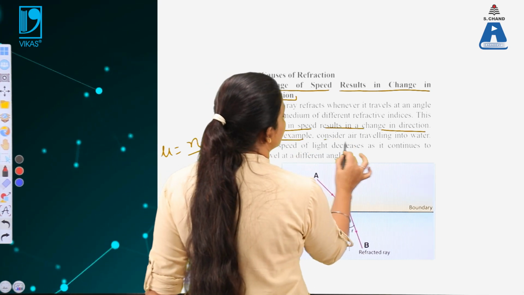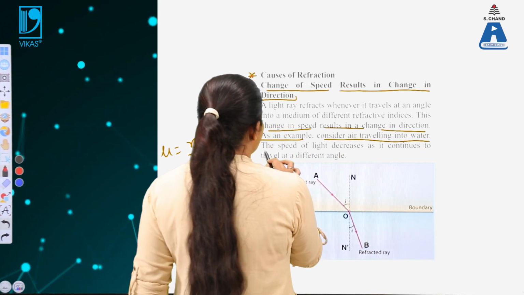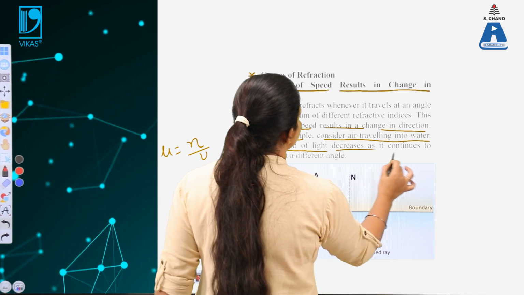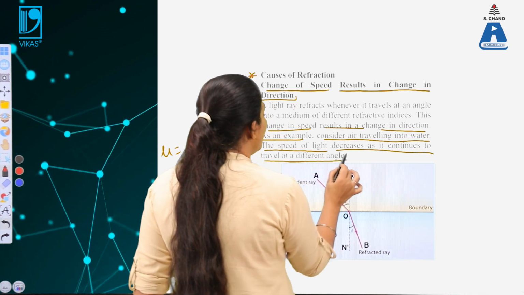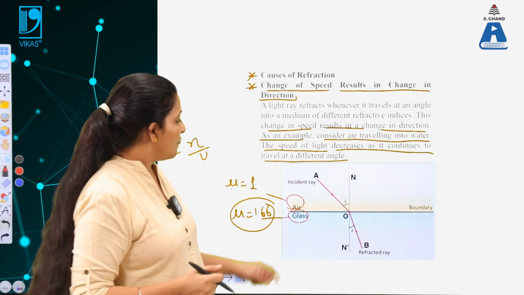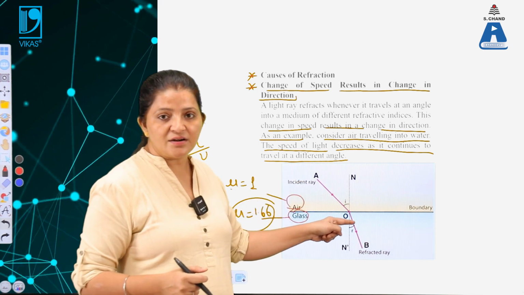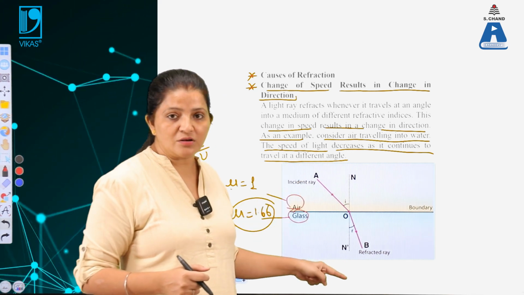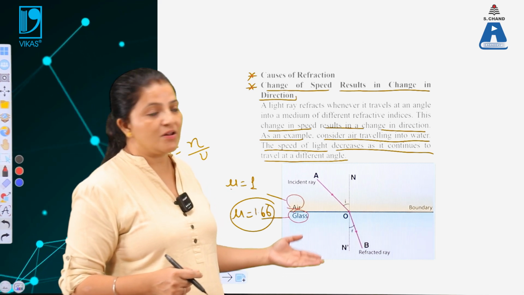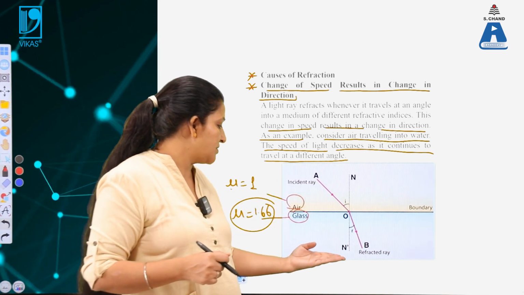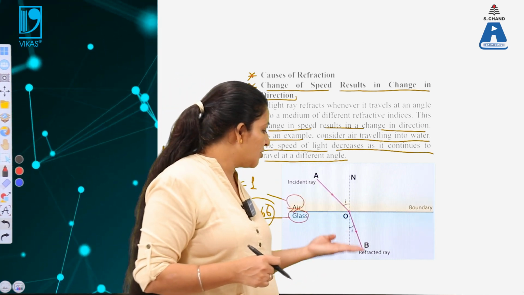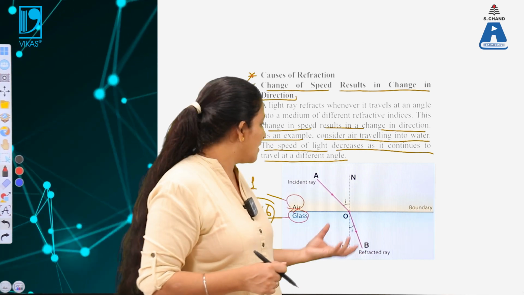As an example, consider air traveling into water. The speed of light decreases as it continues to travel at a different angle. That means when the light is incident from air to water, let us say the light rays are traveling from the air surface into sea water or any glass surface.